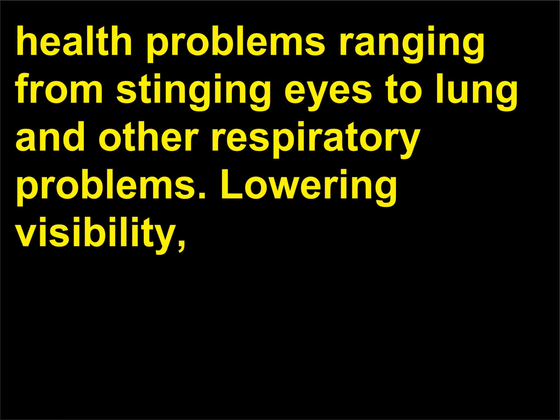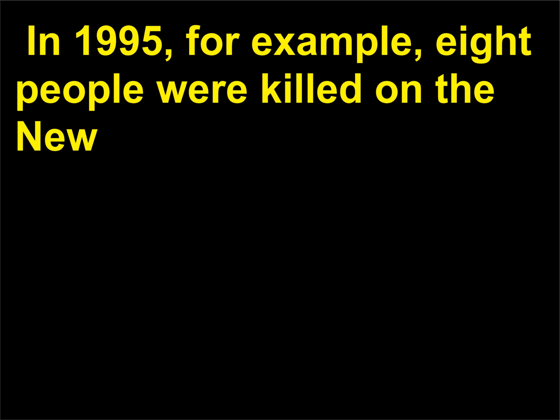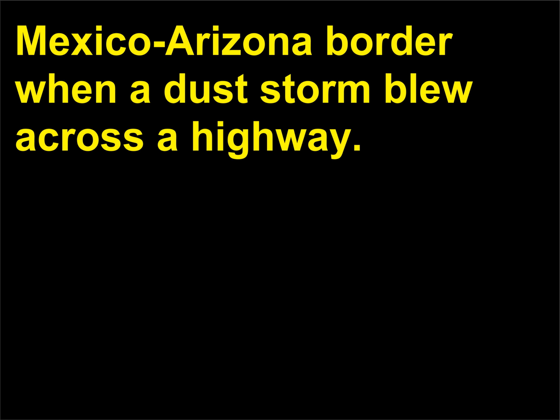Lowering visibility, dust storms have been known, too, to cause traffic accidents just as well as a snowstorm can. In 1995, for example, 8 people were killed on the New Mexico-Arizona border when a dust storm blew across a highway.